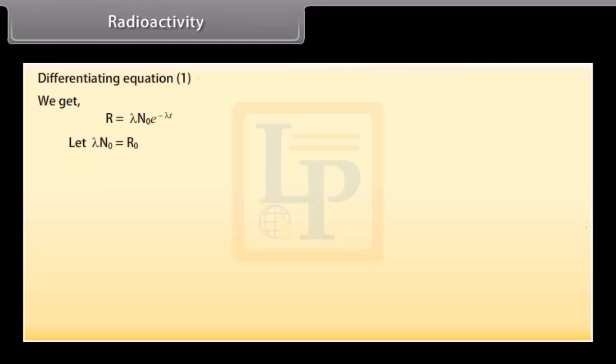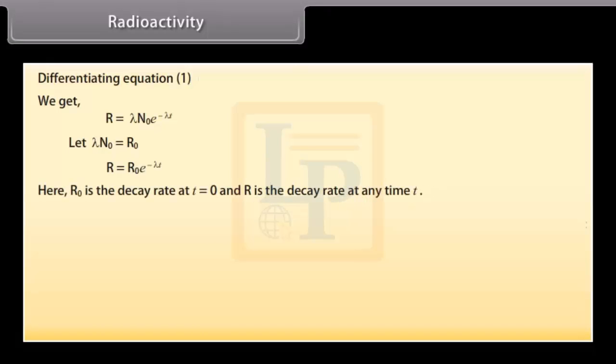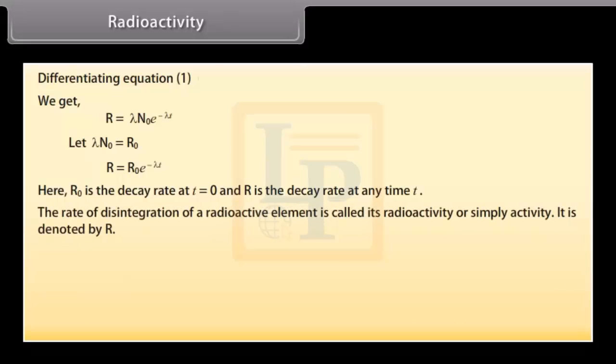Let λN0 equal R0. R = R0 e^(−λt). Here, R0 is the decay rate at t = 0 and R is the decay rate at any time t. The rate of disintegration of a radioactive element is called its radioactivity or simply activity.